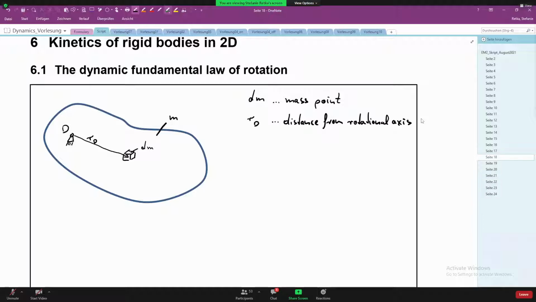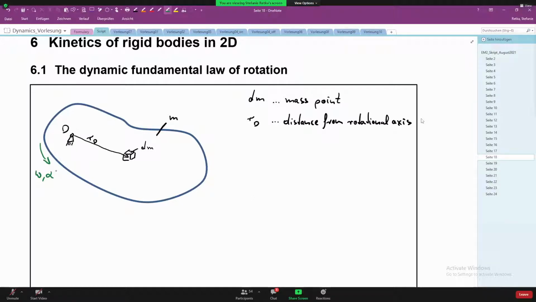Okay, now let's assume that our rigid body rotates counterclockwise about the hinge support in D with angular velocity and angular acceleration. Then our mass point rotates about the hinge support as well with radius RD, meaning that it moves along a circular path.